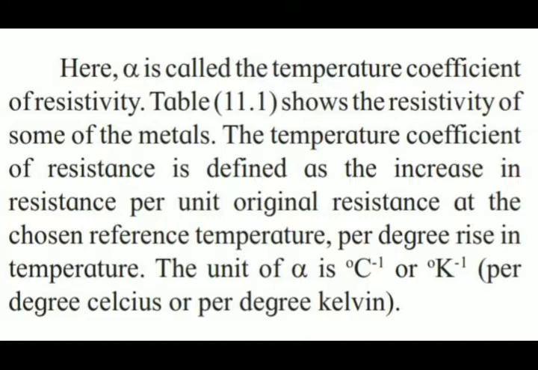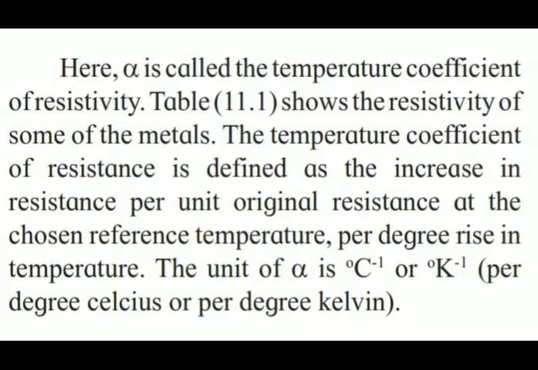The temperature coefficient of resistance is defined as the increase in resistance per unit original resistance at the chosen reference temperature per degree rise in temperature. Now what you have to do is see equation number 2, and according to that equation you have to define alpha, which is called the temperature coefficient of resistivity or temperature coefficient of resistance.